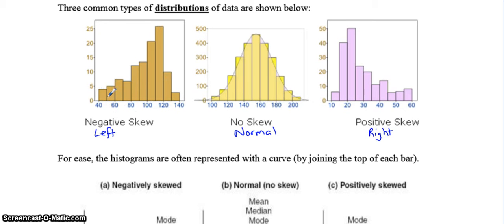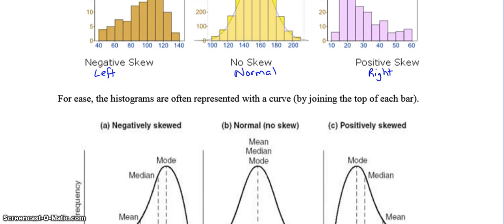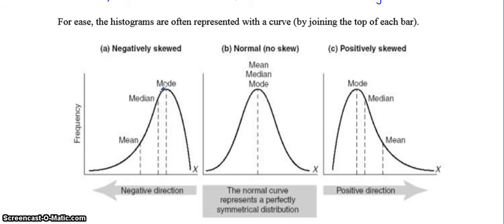Now, because it takes time to draw in all these bars, when we make a histogram, we often just use a curve to show the shape. So there is your negative or left skew. Here is your normal distribution with no skew, and here is your positive or your right skew.